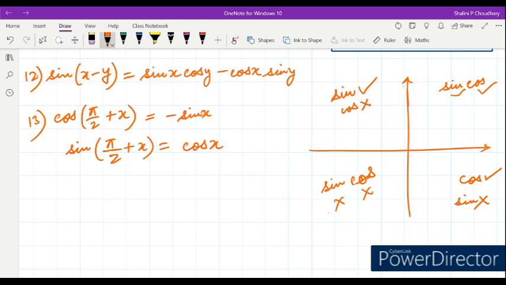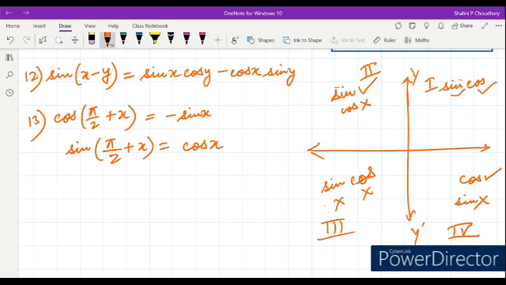Now see, why is sine positive in first and second quadrant? Because this is y, and this is minus y, the minus side of y dash. So whatever is below the x-axis, sine will be negative there. So in the third and fourth quadrant, sine will be negative, and in the first and second quadrant, sine will be positive.